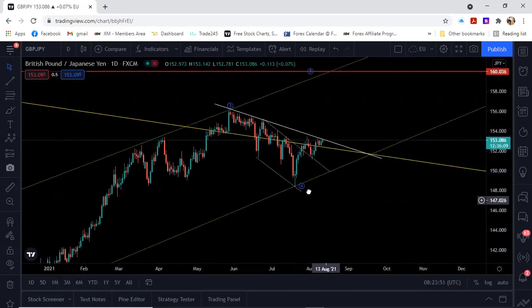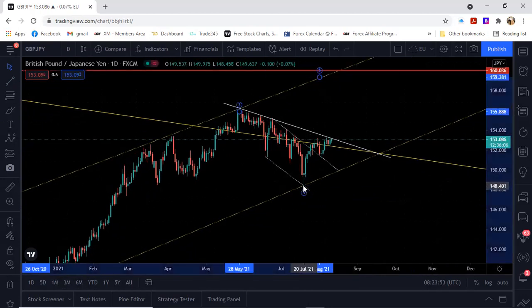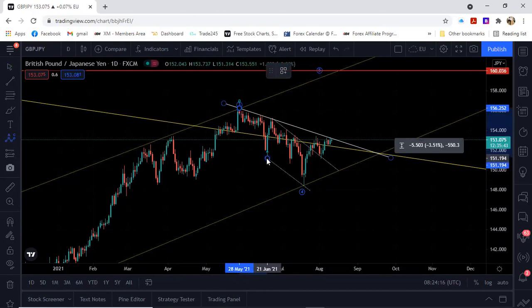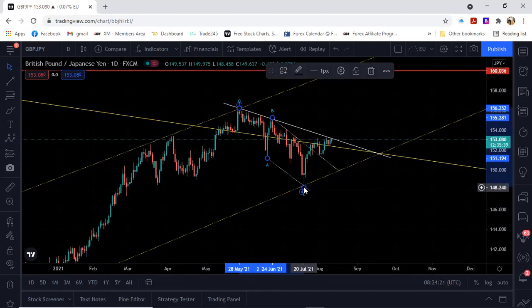So meaning to say that for my 4, it was from these 3, this is my A, this is my B, and this is my C. So this type of a correction is an A, B, C, right? We need to label it. So this will be my X, that's gonna be my A, then that's gonna be my B, that's gonna be my C to give me this wave 4.